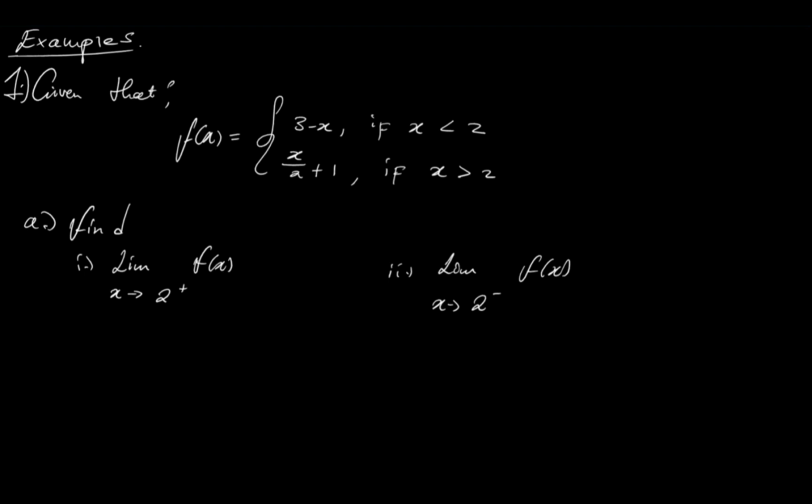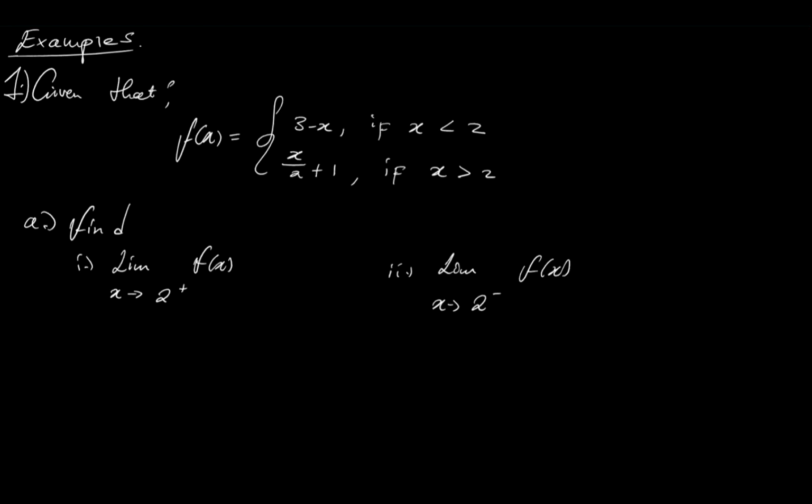So now, we need to pick the function where x is approaching 2 from the positive hand side. Now, what function is from the positive hand side? And the positive simply means the right hand side. So, we're going to get the function that is showing the positive side. So, what we'll do is this.